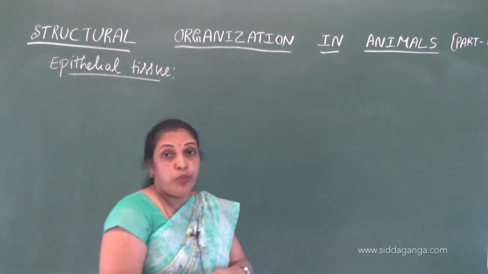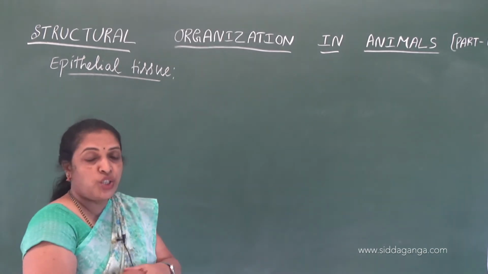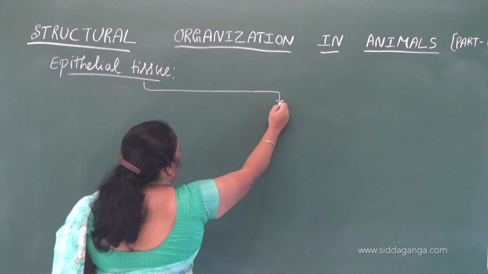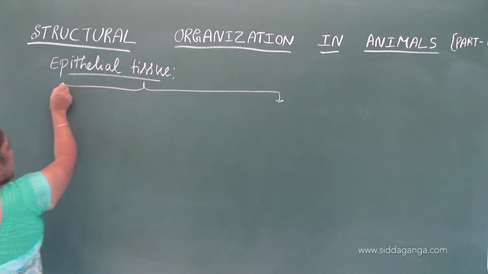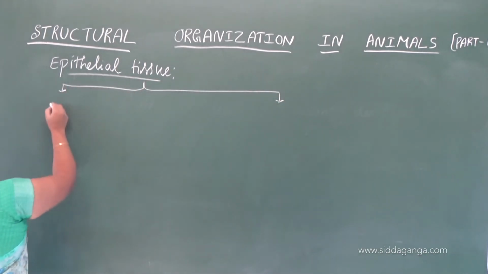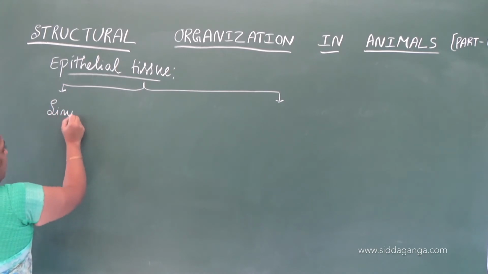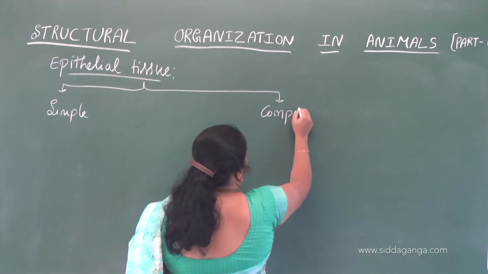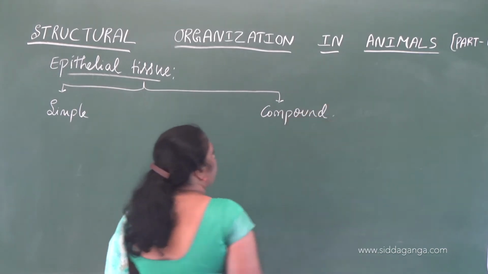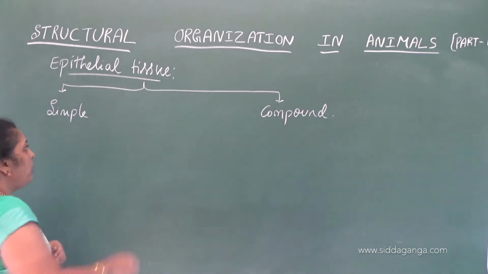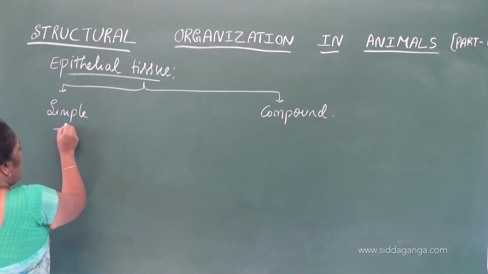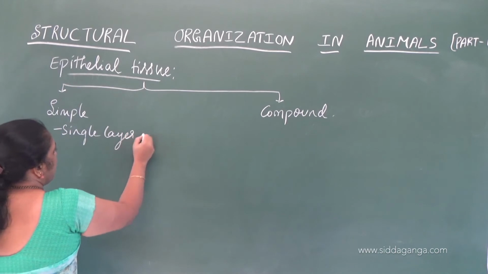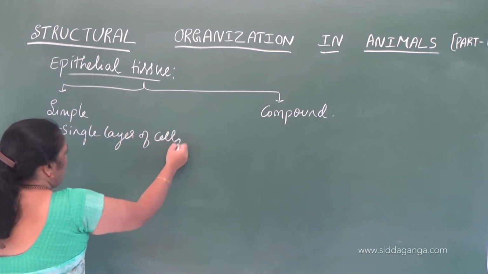Epithelial tissue, based on the modification and also based on the number of layers, is classified mainly into two types: simple epithelium and compound epithelium. Simple epithelium means we see a single layer of cells.